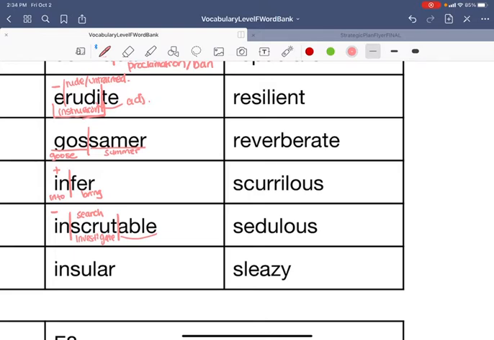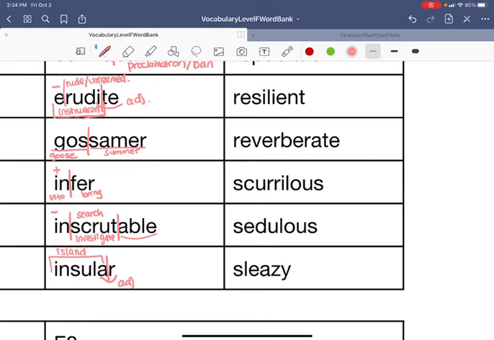Okay, insular. So insula, and then ar is like an adjective. So anything that describes this thing that I'm about to describe. Insula means island in Latin.